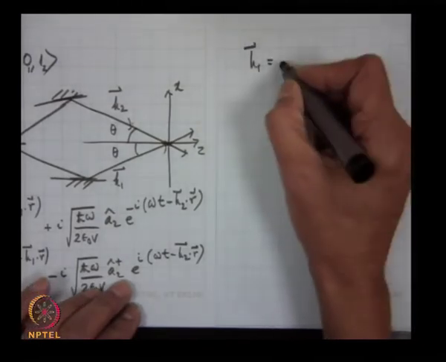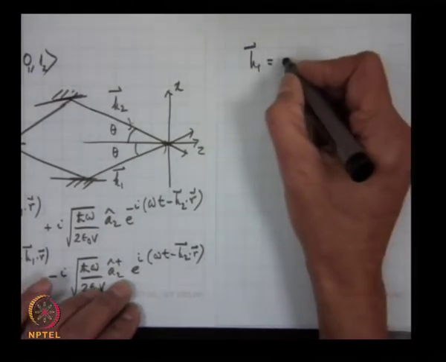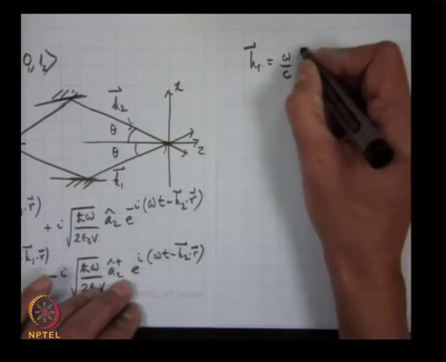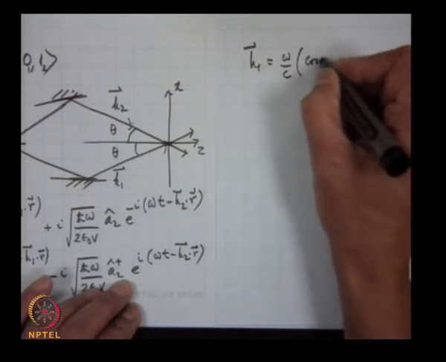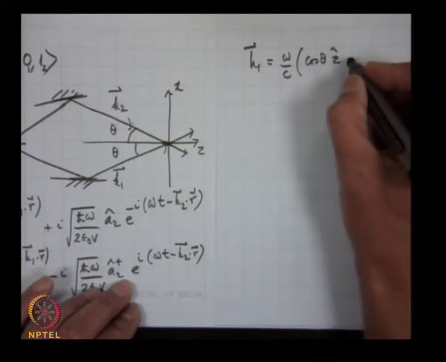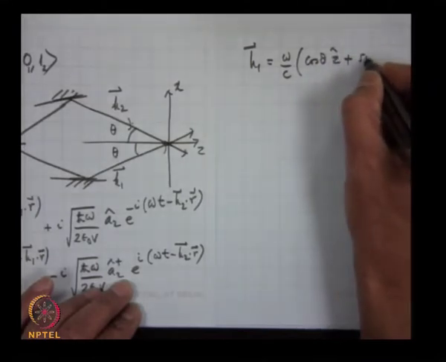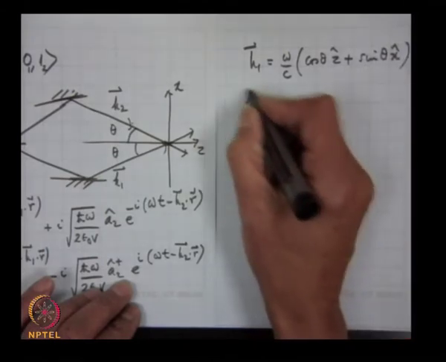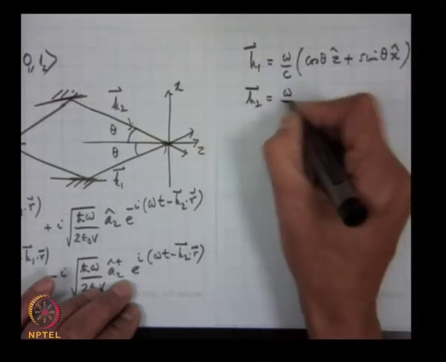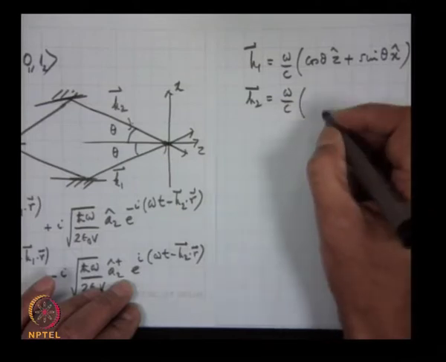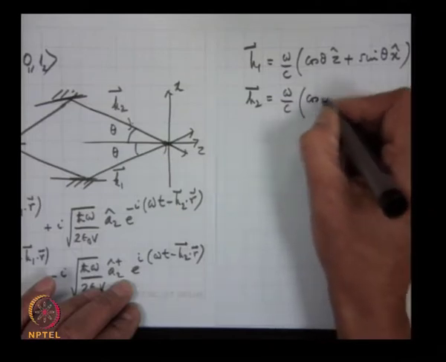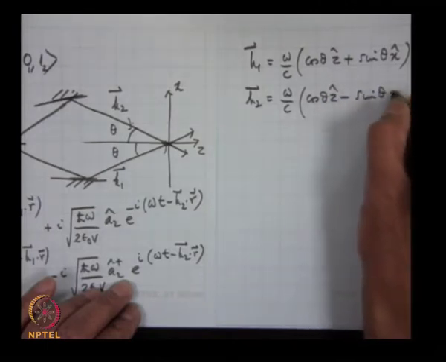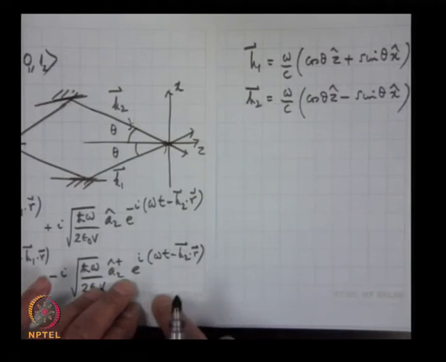is equal to omega by c, which is the propagation constant, into cos theta z cap plus sin theta x cap, and k2 vector is omega by c into cos theta z cap minus sin theta x cap.